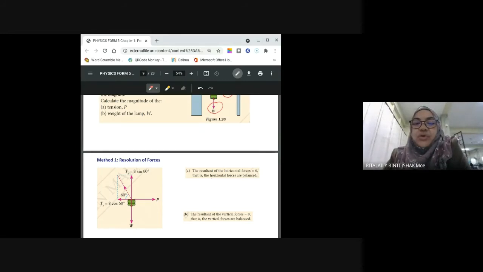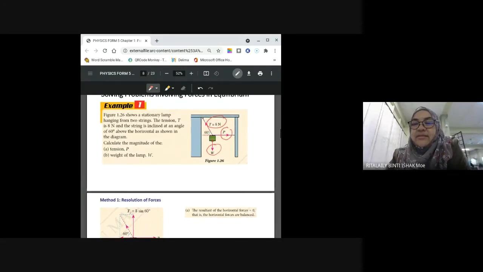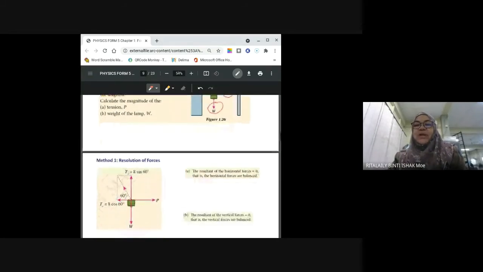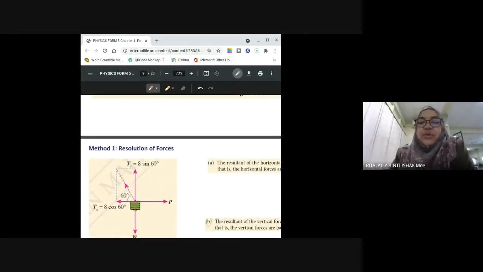Okay, so method 1, what we should do is, because this T is making an angle, so we cannot calculate the magnitude of the force directly. So we need to resolve T into component. Yang ni kita dah tahulah sebelum ni.